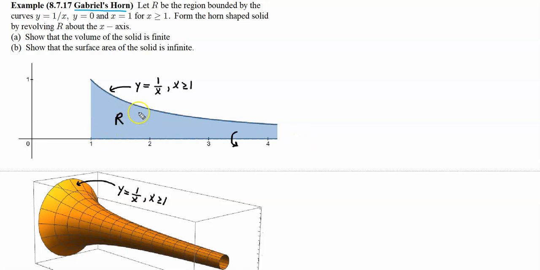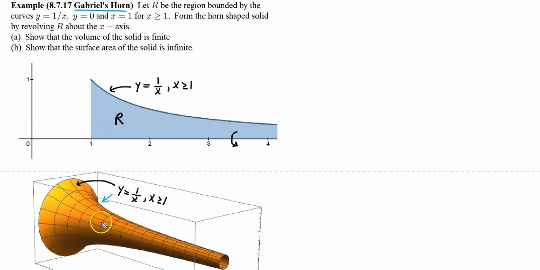So that's this shaded region that we have right here, and we rotate it around the x-axis. So it will form this horn shape that we have down here. You see this? That's what it forms. Looks sort of like a trumpet horn. Now we're going to show that this shape has a finite volume but infinite surface area.